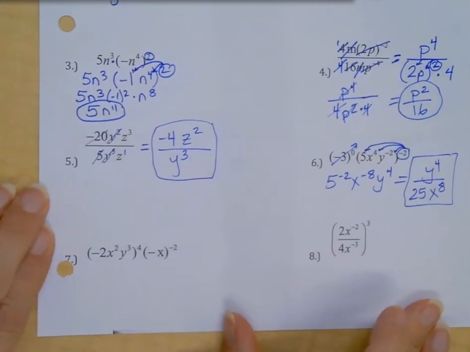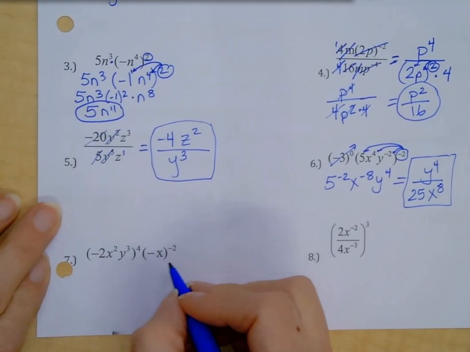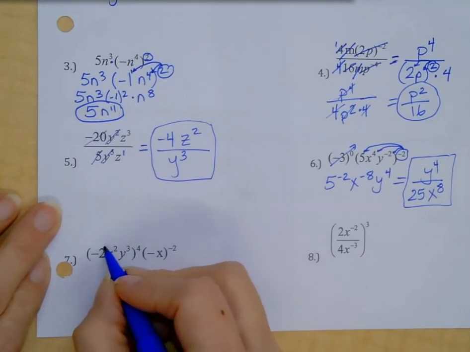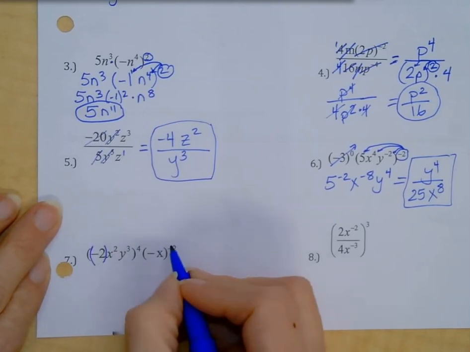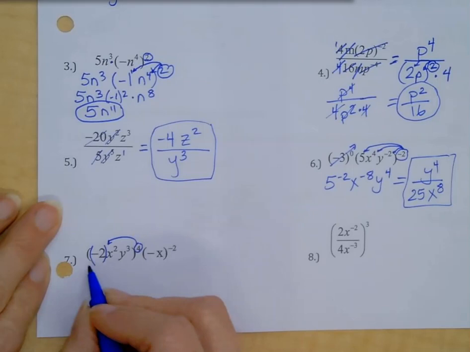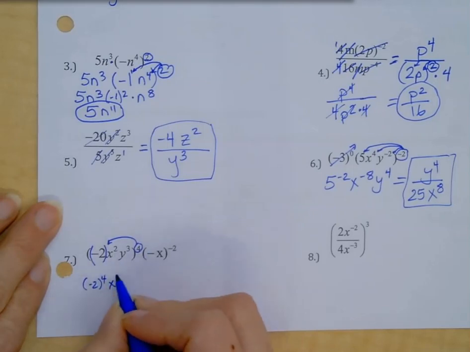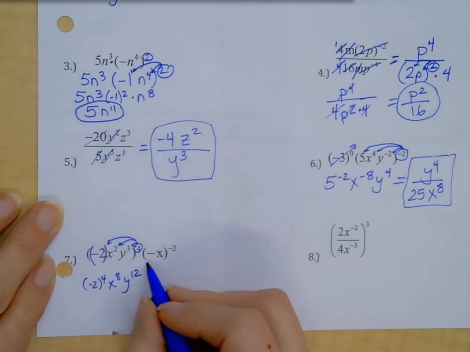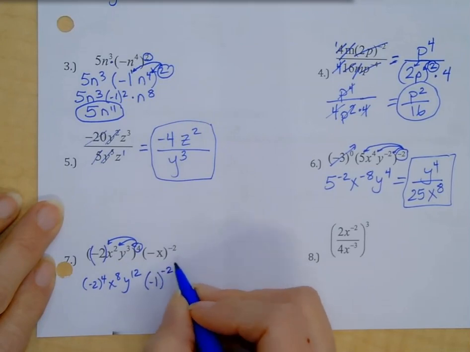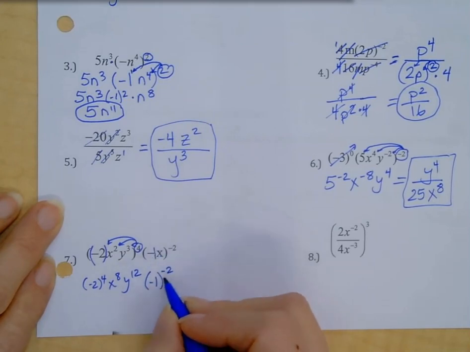Okay, I'm going to have to distribute some outer exponents 2 different times. Again, you are going to remember that this negative 2 is inside parentheses when we give it its exponent. Okay, so I have negative 2 to the 4th times x to the 2 times 4, which is 8, times y to the 3 times 4, y to the 12th. It's all times negative 1 to the negative 2, right? This is a negative 1 to the negative 2 times x to the negative 2.